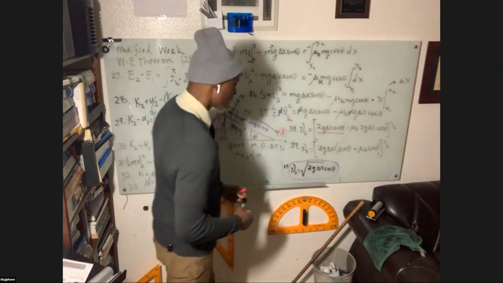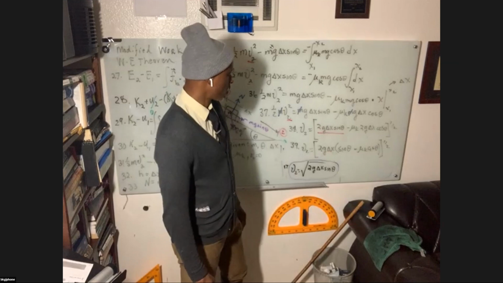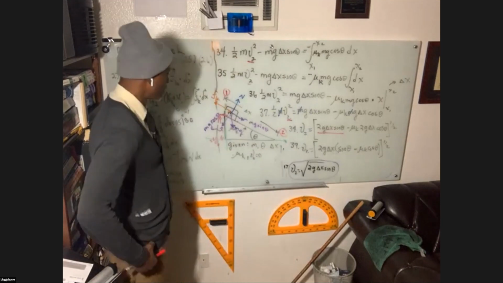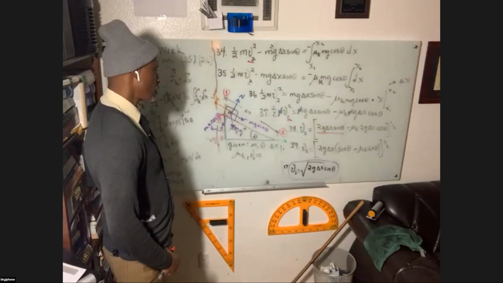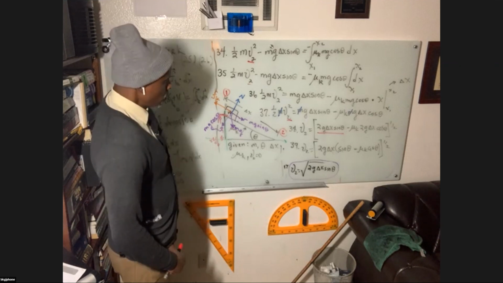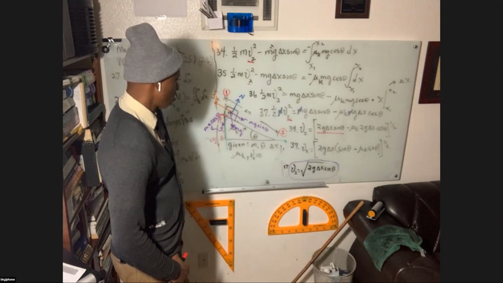For my taste, that's a little clearer, because I can definitely see that the first term gives me this solution, and now I just see that the mu k cosine theta part is associated with the other one over there.